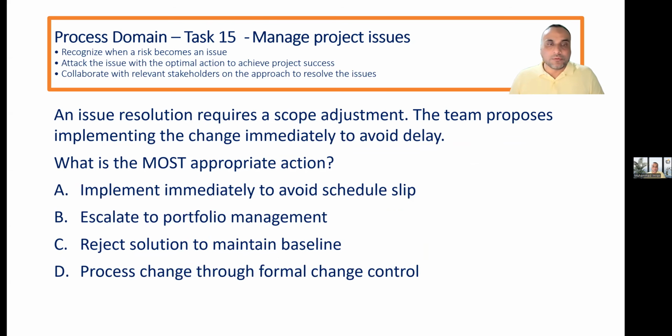Next question. An issue resolution requires a scope adjustment. The team proposes implementing the change immediately to avoid delay. What is the most appropriate action? Implement immediately to avoid schedule slip, escalate to portfolio management, reject solution to maintain baseline, process change through formal change control.